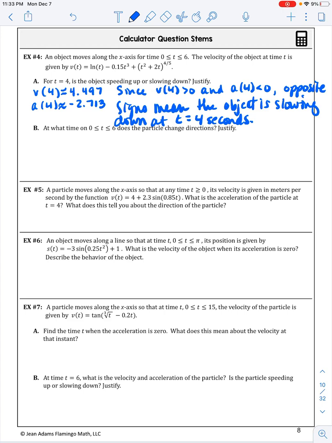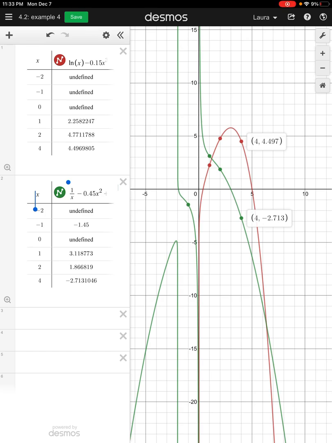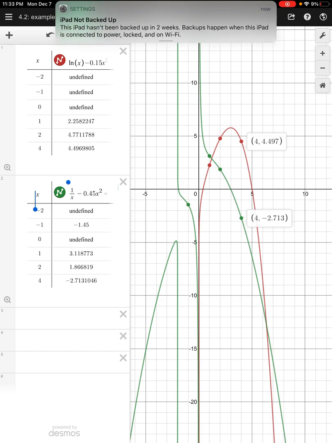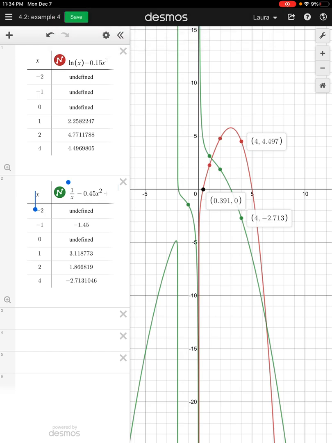At what time between 0 and 6 does the particle change directions, and justify? So if we go back to our Desmos, there it was. The red one is our velocity function, and I wanted to know where that 0 was.